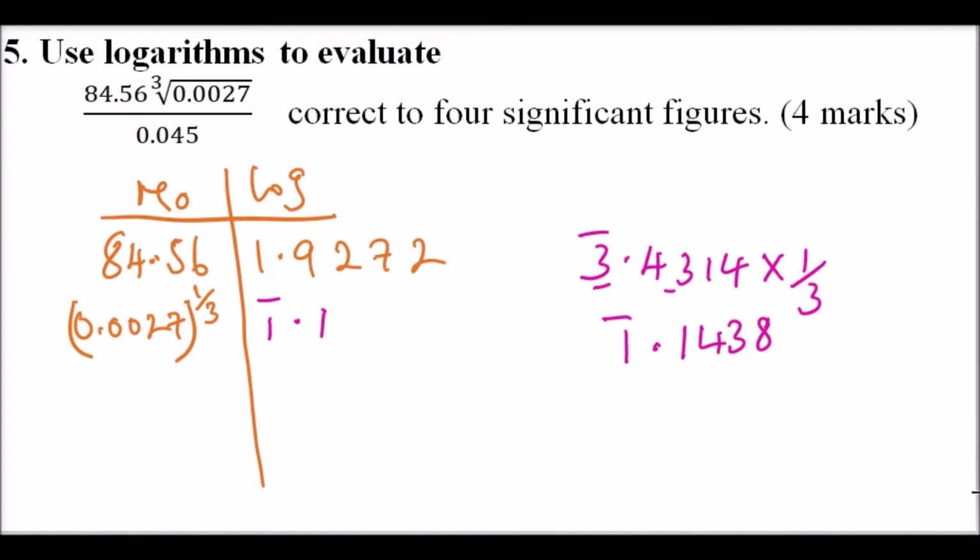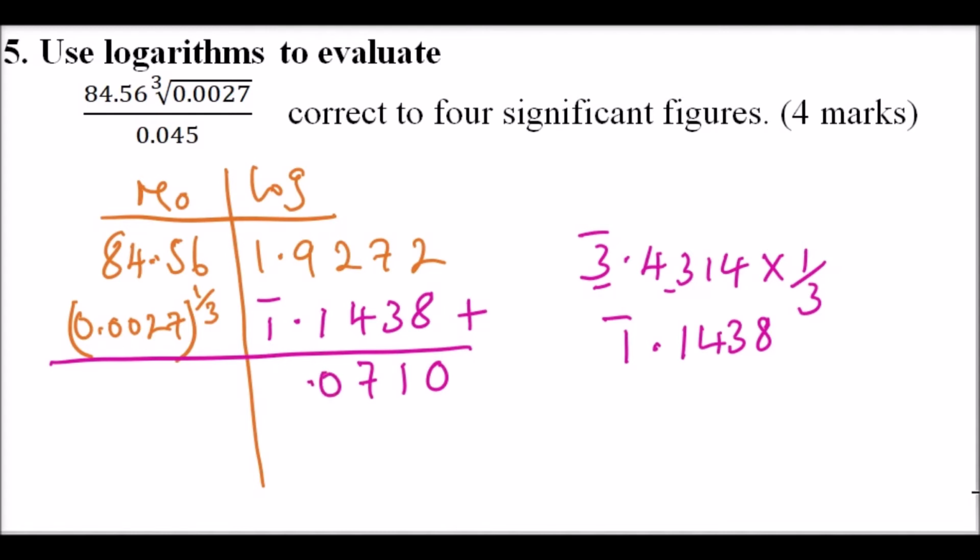So it is 1438. Because it is multiplication, we add. That should give us 0. We should get 1 there. We get 7. Then here we get 0. We carry 1. 1 plus 1 is 2, plus my bar 1, that will give us 1.